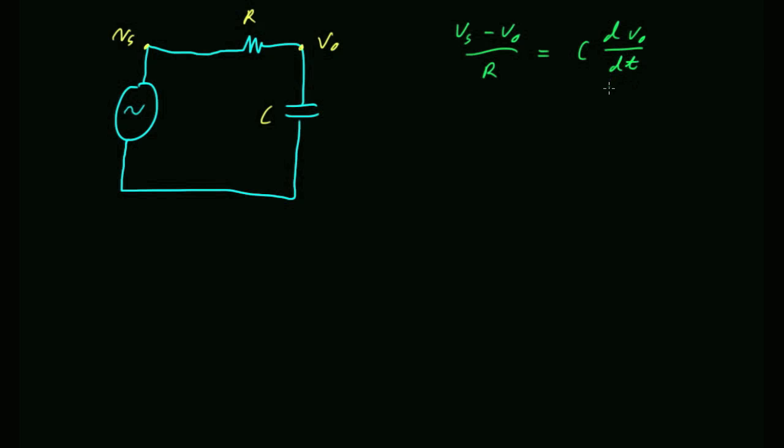If I reorganize that, I get dV out/dt plus V out over RC equals V supply over RC. Okay? Now, this equation completely describes the system.